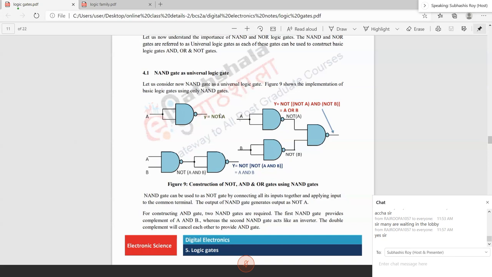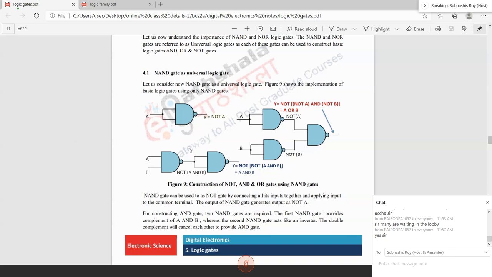What I have to do is just short circuit both inputs. You see the equation of a NAND gate: A into B, whole bar. So if I short circuit and give A as the input, you are getting not A. Not A is nothing but the inverter output. So you are getting an inverter output by this design.